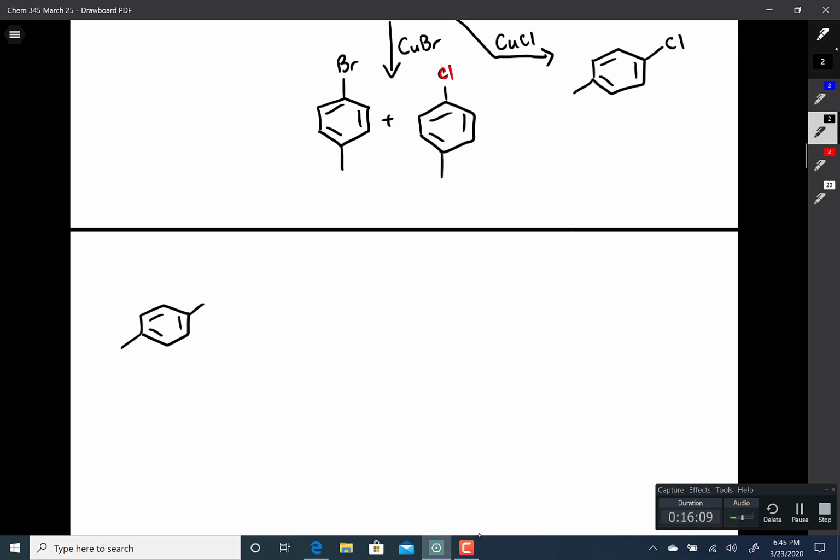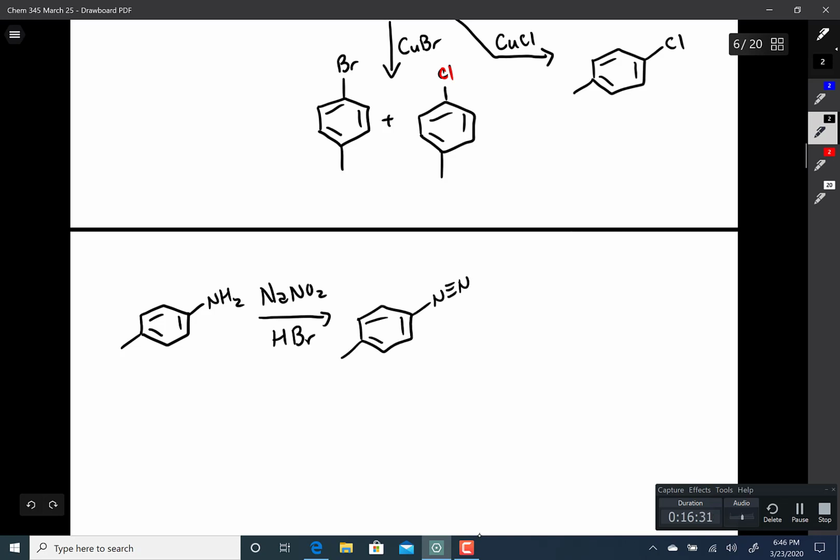What you have to do is take your amine and react it with sodium nitrite, NaNO2. Instead of HCl, use HBr. That gives the bromide salt of the diazonium. And then you can cleanly use copper bromide.